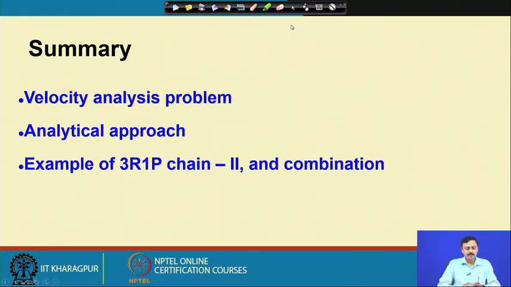So, let me summarize this lecture. We have considered the velocity analysis problem, we have taken the analytical approach to find out the input output velocity relations. We have analyzed the 3R1P chain of type 2, and finally, I have shown you how the analysis of these fundamental chains, the basic chains, can help you in the analysis of more complicated chains, which can be broken down into these fundamental chains.